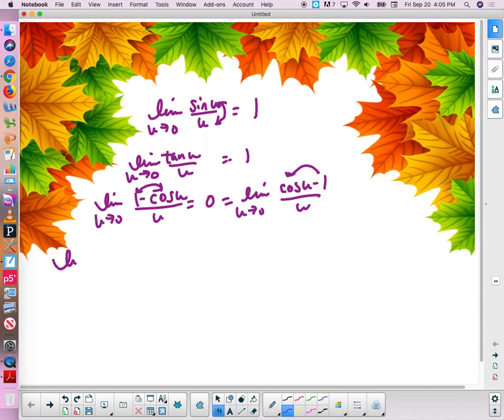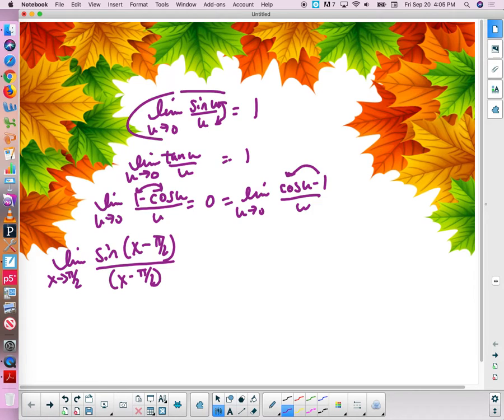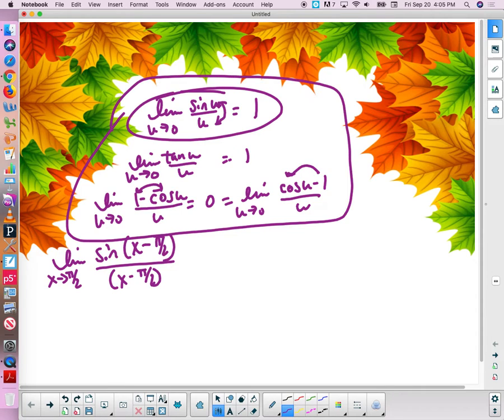So even one like this, if you have the limit of the sine of x minus pi over 2, over x minus pi over 2, as x approaches pi over 2. It doesn't really look like it fits that rule of our three limits that we're working with.